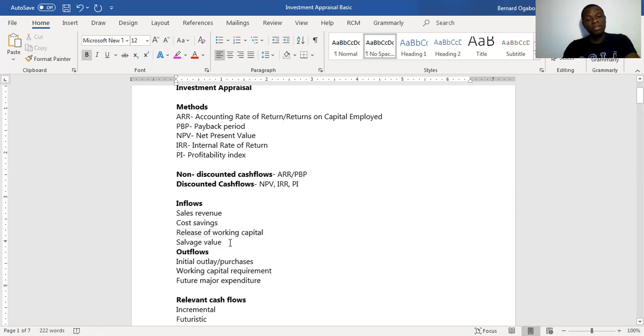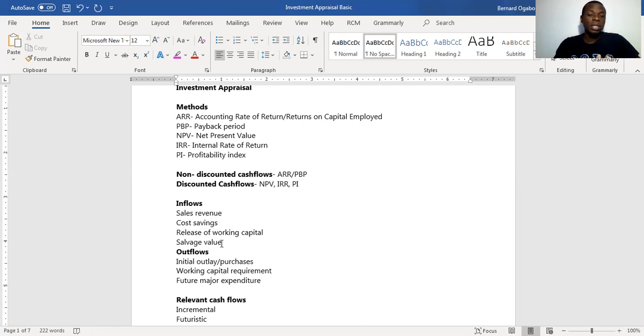If I have a salvage value, if the machine is supposed to last for 5 years, if that's the useful life of the machine, at the end of the 5 years I would be able to sell the machine for a scrap value instead of disposing of the machine for free or paying people to come scrap it and remove it from the company.